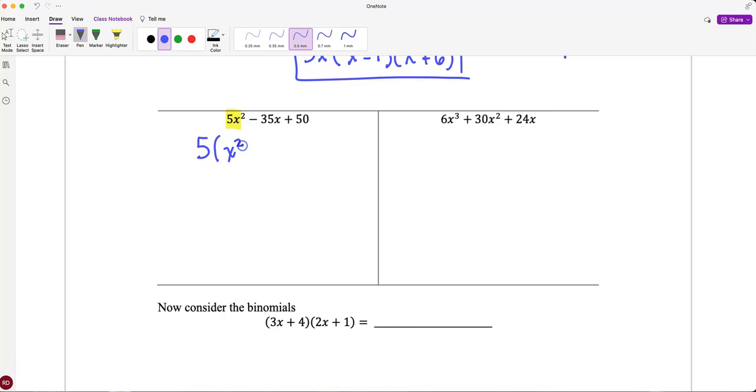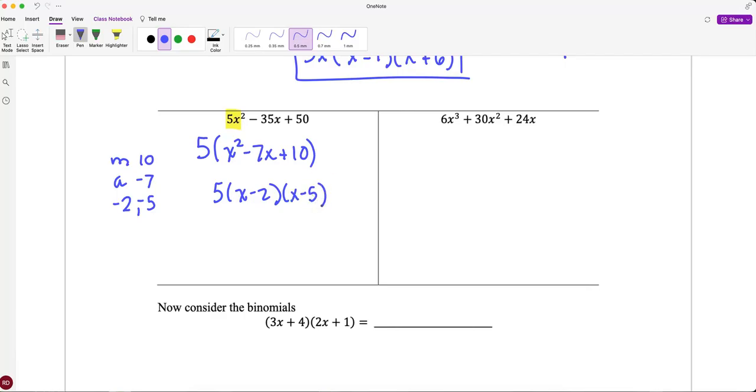That leaves me with x squared minus 7x plus 10. So now I need numbers that multiply to 10 and add to -7. So that's going to be a 2 and a 5, with both of those numbers being negative. So 5, x minus 2, x minus 5.